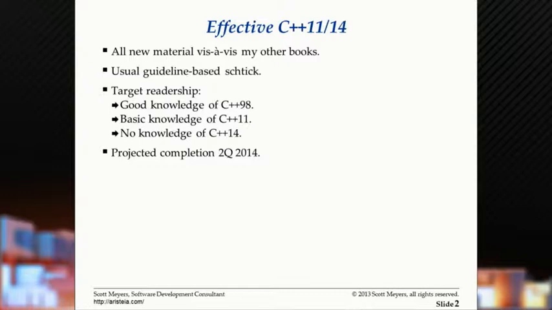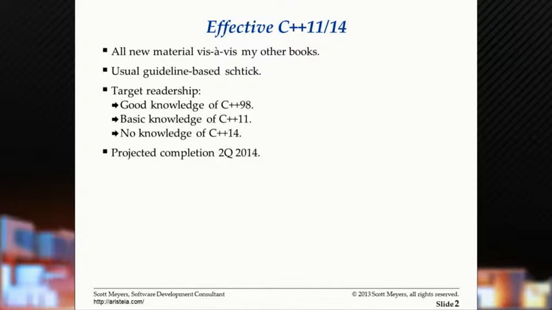The book itself is going to be completely new material, so it's not going to repeat anything from my other books before. And it's a little bit different, I think, from the approach that other people are taking in the sense that I'm going to assume that readers already know C++98 pretty well, so I'm not going to cover C++98 stuff. It's not an introductory book. I'm going to assume that they have some basic information about C++11, so I don't need to explain what is an lvalue, what is an rvalue, except for very, very briefly in the introduction.